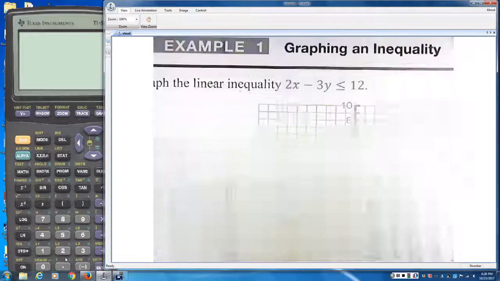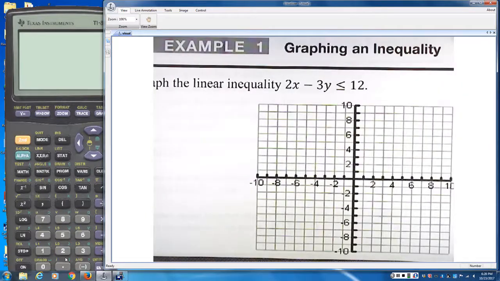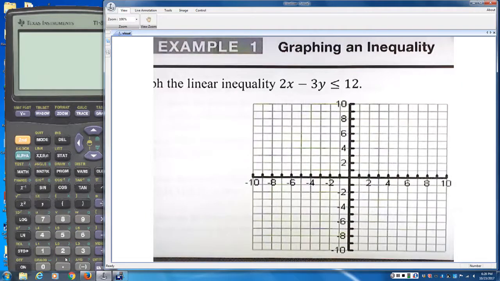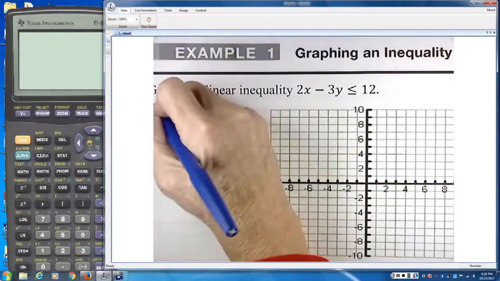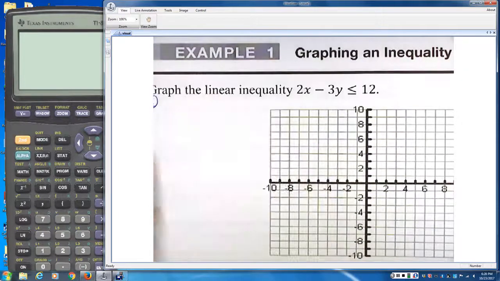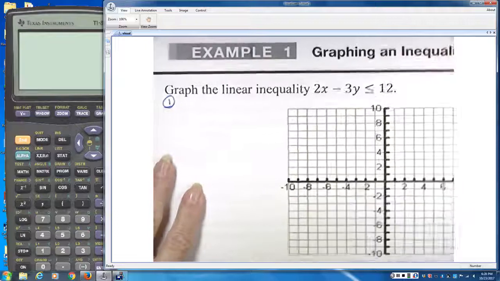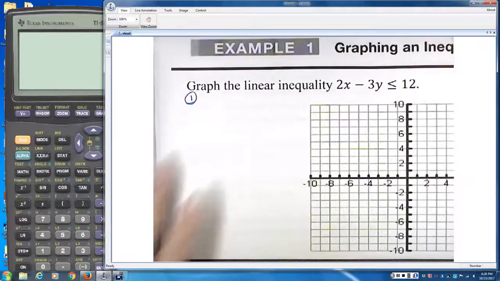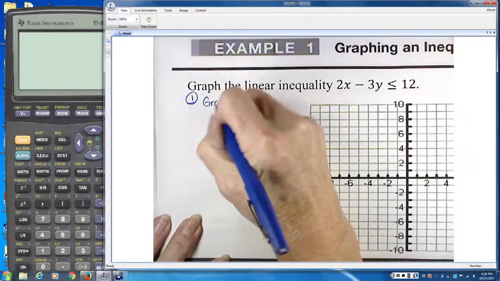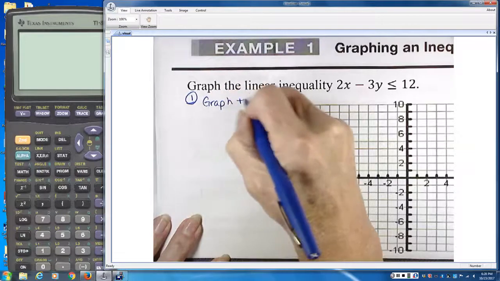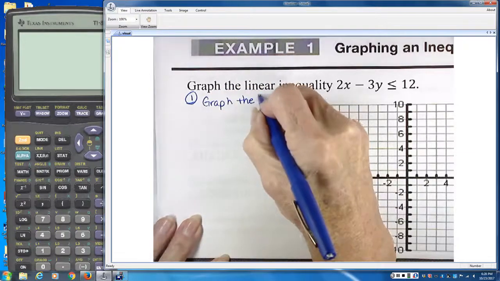So let's do an example. We're going to graph the linear inequality 2x minus 3y is equal to or less than 12. And this is going to be our steps. Our first step is we're going to graph the boundary line. So I'm going to slide it over here to the side for the moment. You're going to graph what we're going to call the boundary.